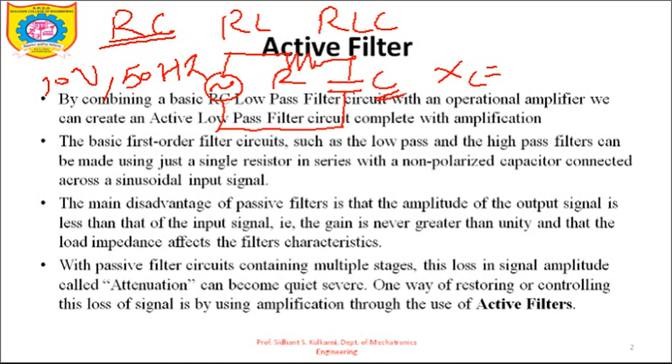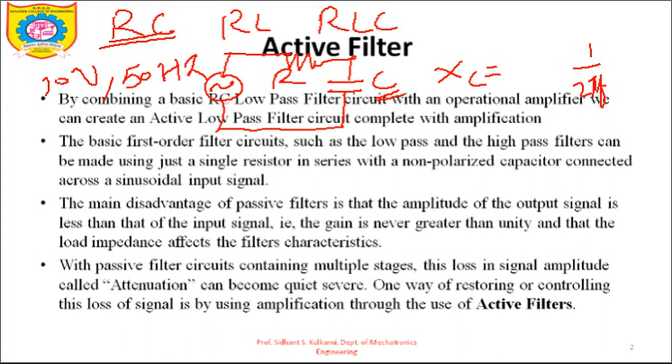So by simply an R and C combination, I can design a filter which gives a response to the low frequency, with the high frequency signals almost open circuited. How is it going to do that? Let's take one simple example. It is 1 upon 2 pi fC, as we have talked about already. Now I need to calculate the capacitive impedance increasing from 50 hertz to, let's say, 5 kilohertz.